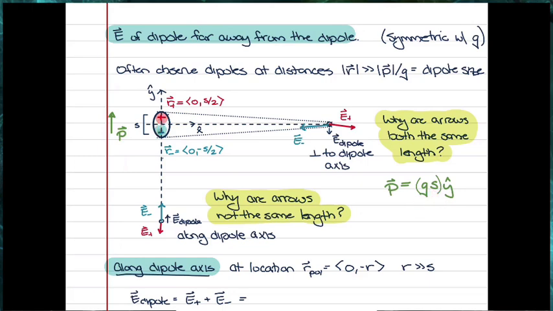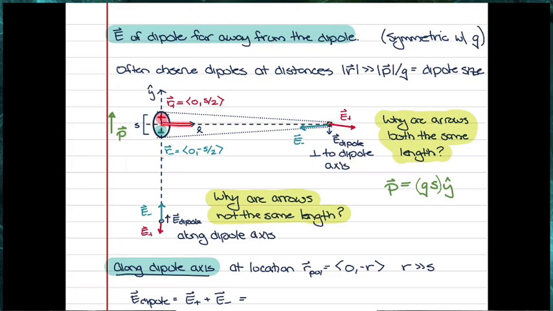And in this case, I've oriented it so it's in the y direction. If I go perpendicular to the dipole moment along this axis of symmetry, what does the electric field look like far from the dipole at this point here?